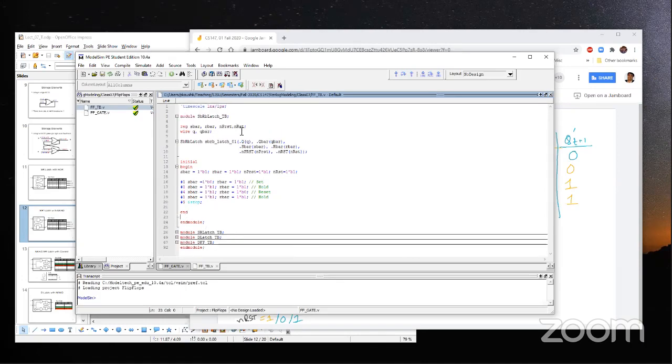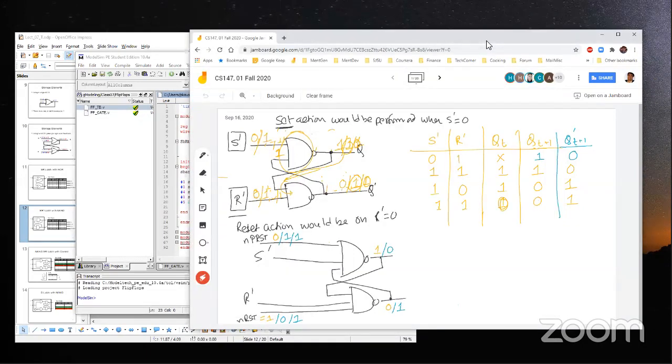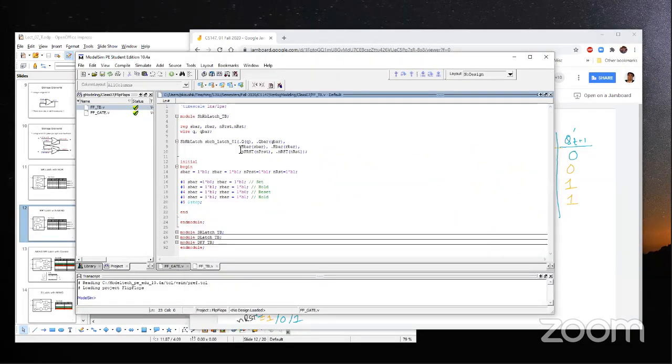And as a test bench, I have a driver for the SBar RBar and preset reset. So basically, we have a driver for each of them, the registers SBar, RBar, etc. And they are instantiated and connected into that instantiation of the SBar RBar latch.